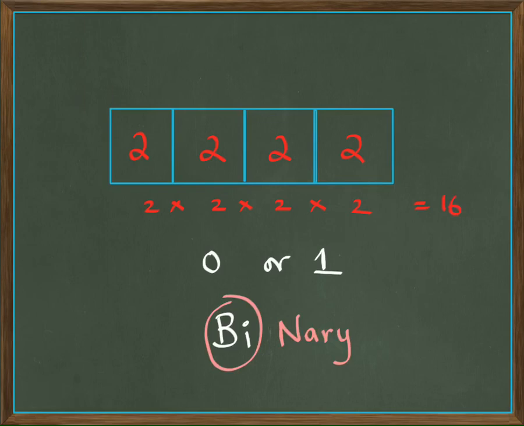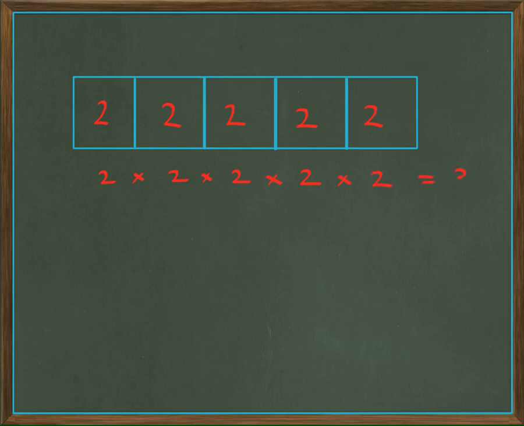That means if I want to think about a 5-bit number, a 5-digit number involving 0 and 1, I can draw a similar diagram, and that diagram will have 2 multiplied by itself 5 times, which is 2 raised to power of 5, which is 32.